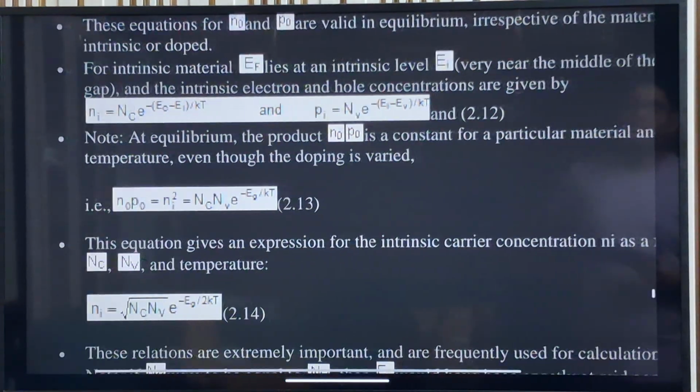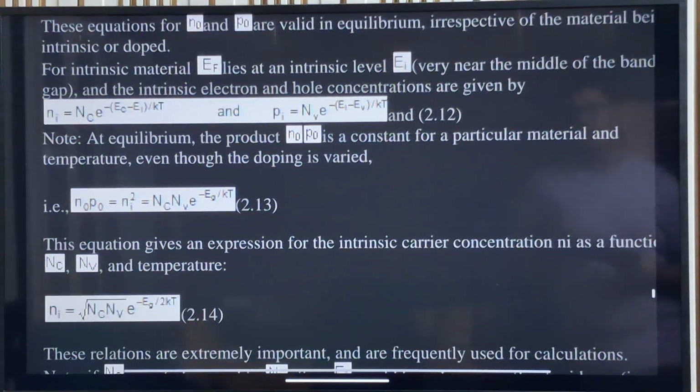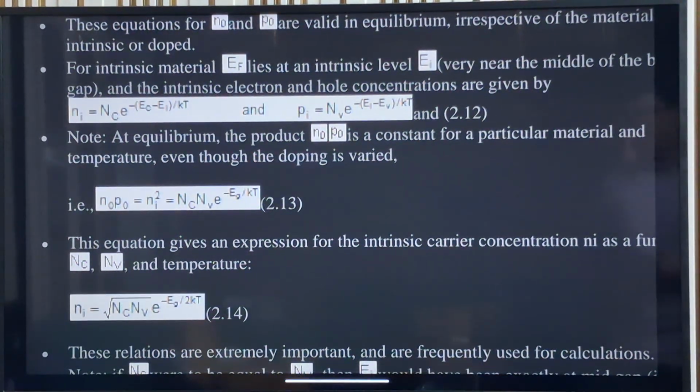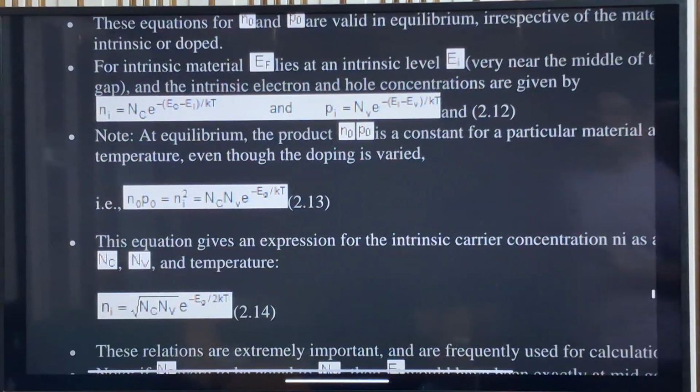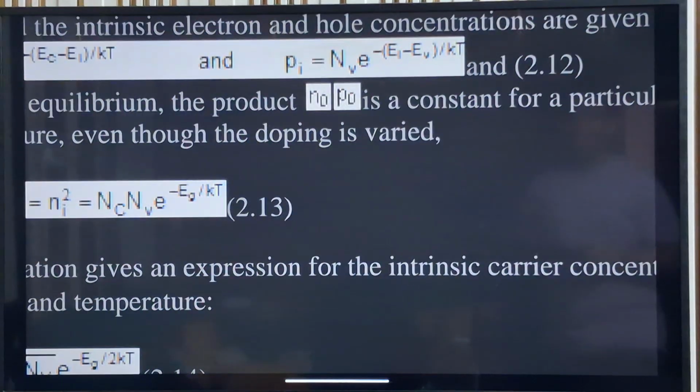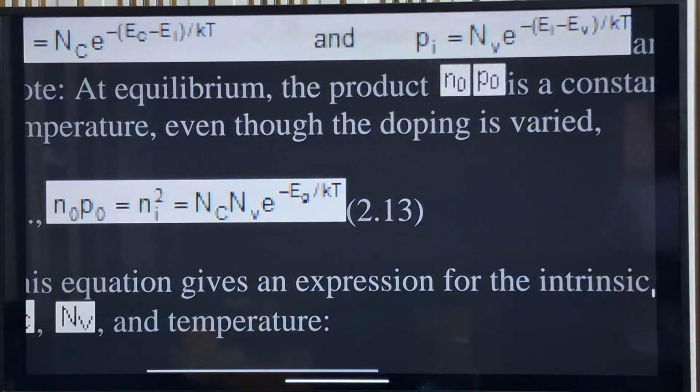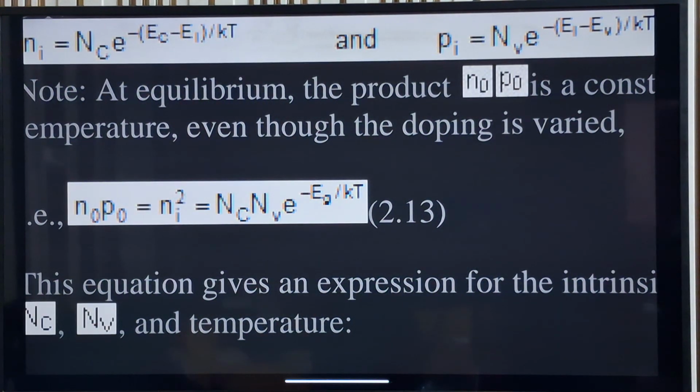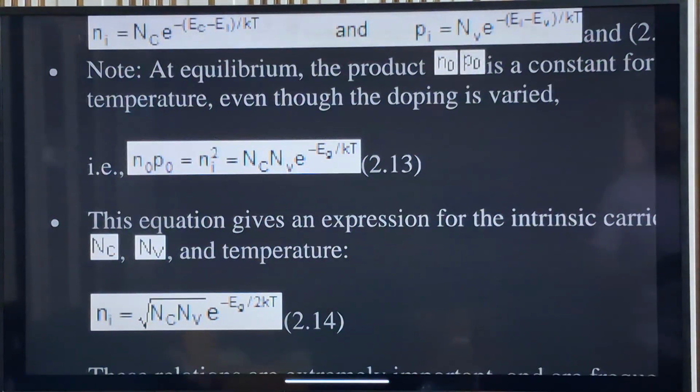Now at equilibrium we know that n0 p0 is constant, so ni squared is equal to Nc Nv e to the power minus Eg by kT. Once again, a very important formula that we obtain: n0 into p0 is ni squared, which is equal to Nc, the energy state density at the edge of the conduction band, times Nv, the energy state density near the valence band, times e to the power minus Eg by kT.